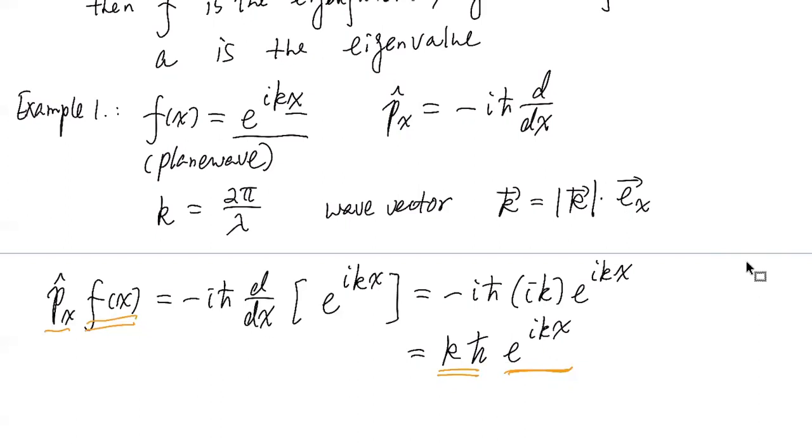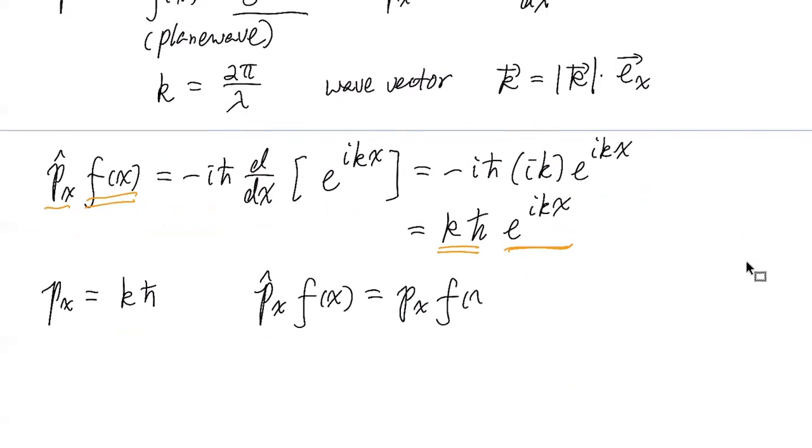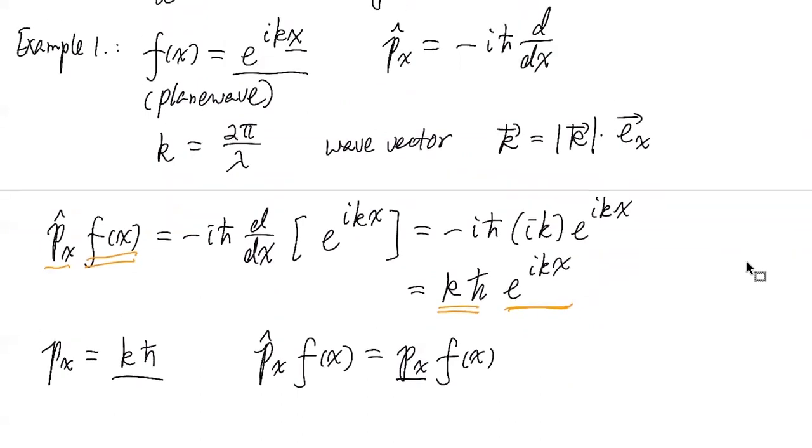So what do we get? The eigenvalue, we can write the eigenvalue as px is kħ. So the eigenequation is the px operator times the function is equal to the eigenvalue times the function. So the eigenvalue is px, px is kħ, right? That means the momentum of this plane wave is actually kħ.